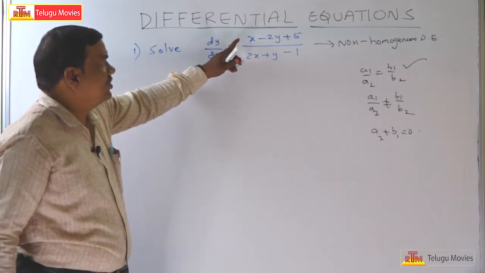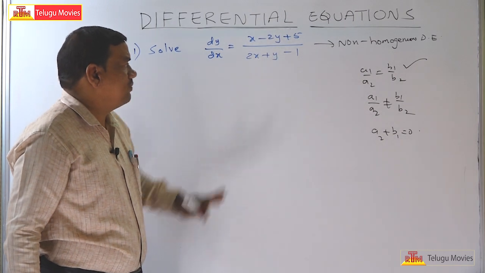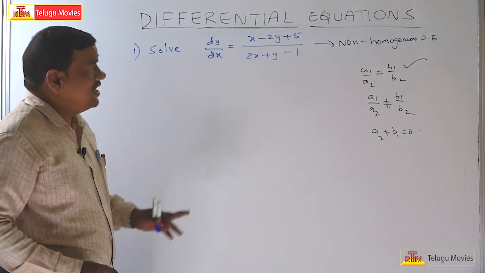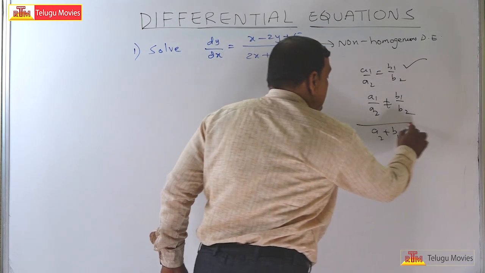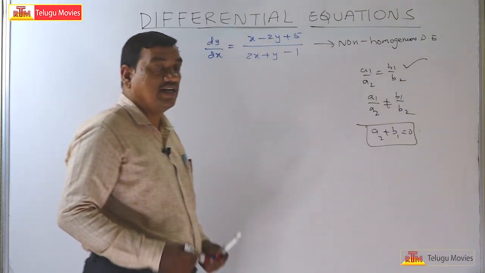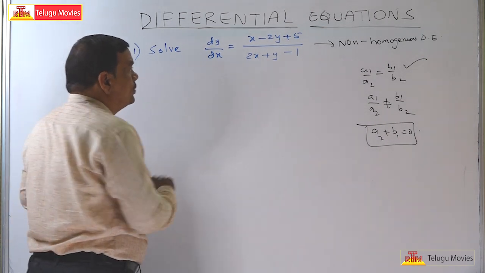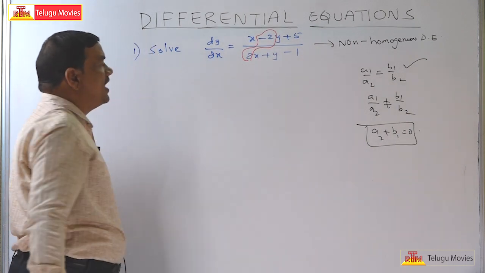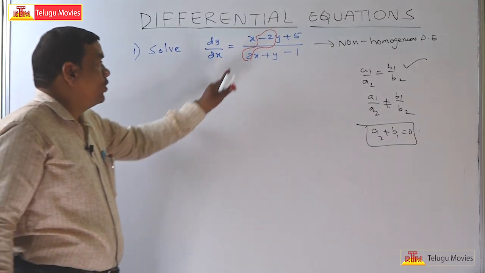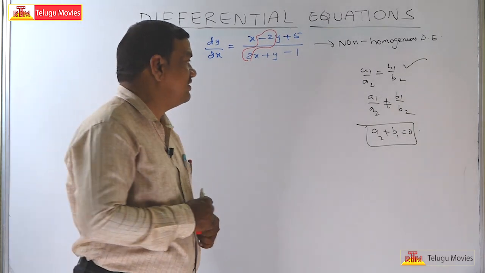First, definitely it won't satisfy: 1 by 2 is not equal to minus 2 by 1. Second also satisfies, but before that, check whether the third one is satisfied or not. Yes, it satisfies. Why? Because here a2 value is 2 and b1 value is minus 2. 2 minus 2 is equal to how much? 0.